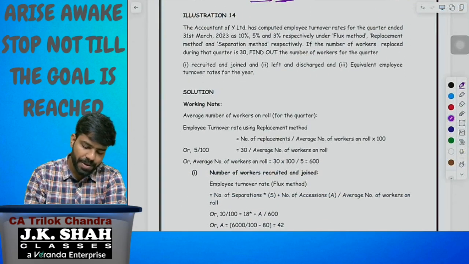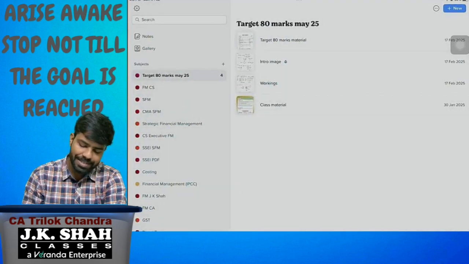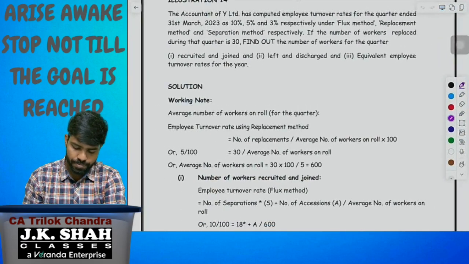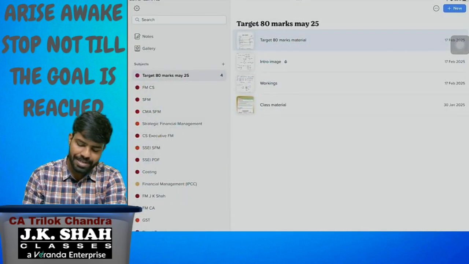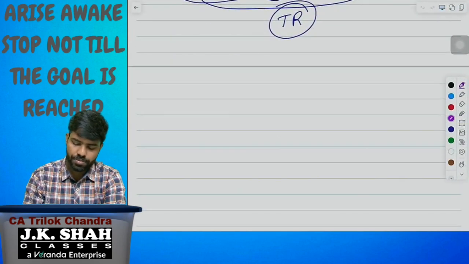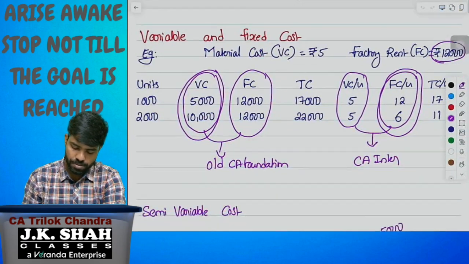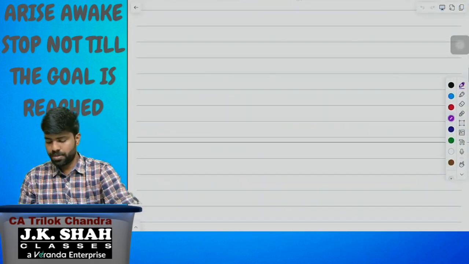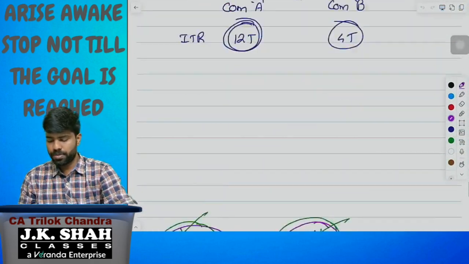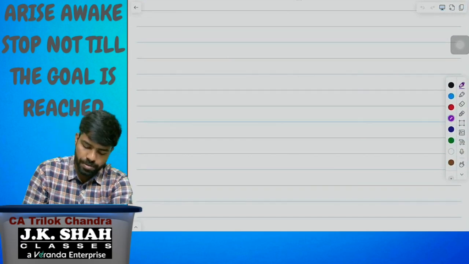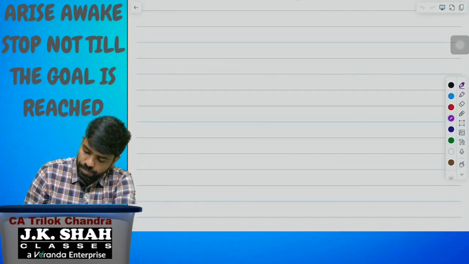Okay, now before doing question number 14, let us understand labor turnover ratios. Look at this.